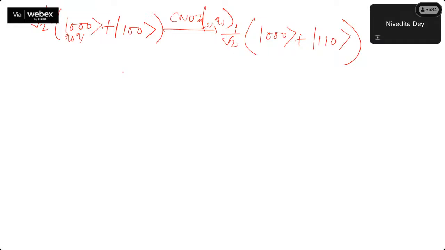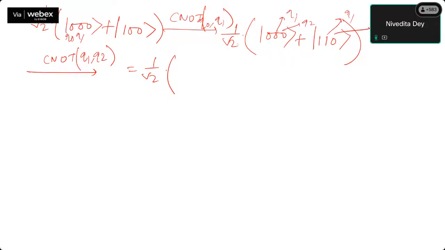Now if we apply another CNOT gate, which is Q1 to Q2 as per the circuit, then, now this is your Q1 and this is Q2, where Q1 is the control and Q2 is the target.